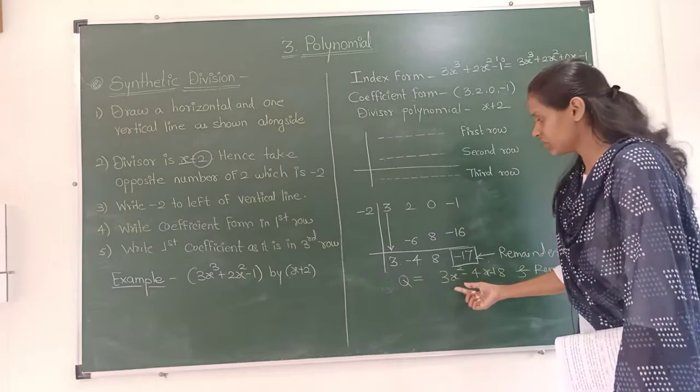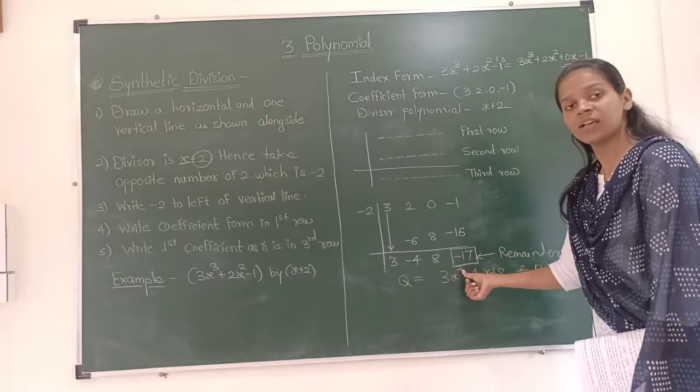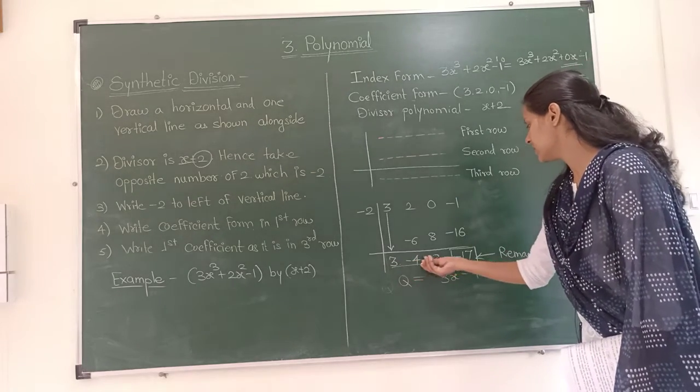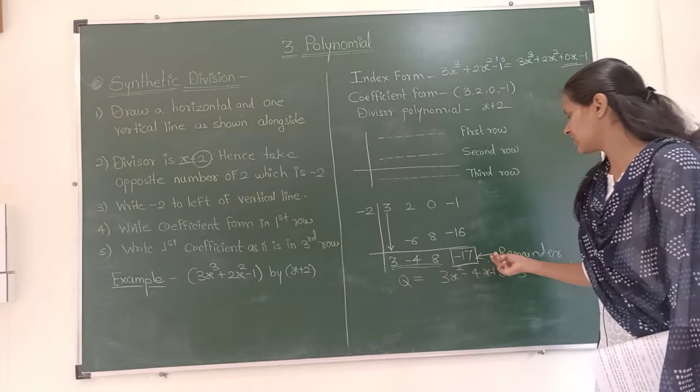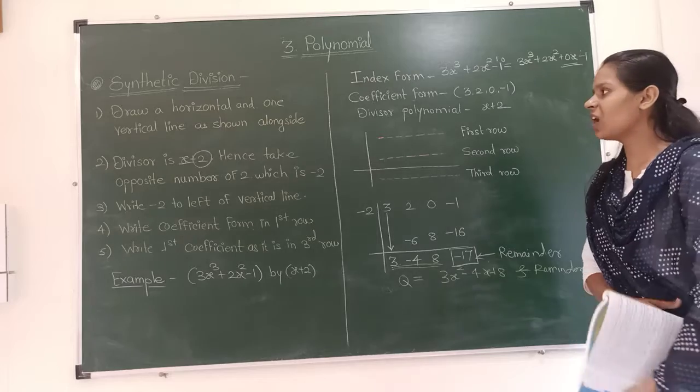Okay, so quotient is what? Quotient is 3x raised to 2 minus 4x plus 8. You can see the last one is the remainder and this is the quotient. Are you getting how we solved it?